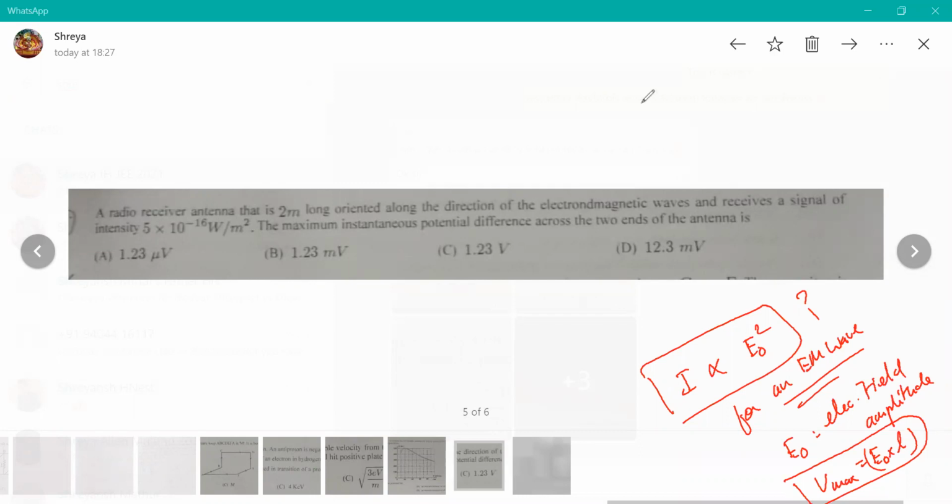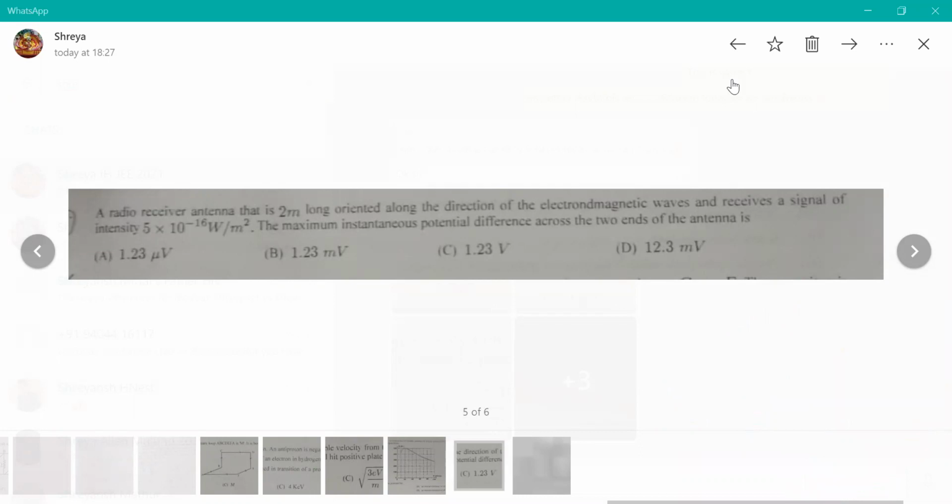Okay, good. So, anything to do with EM waves in JEE Mains is going to be formula based only.